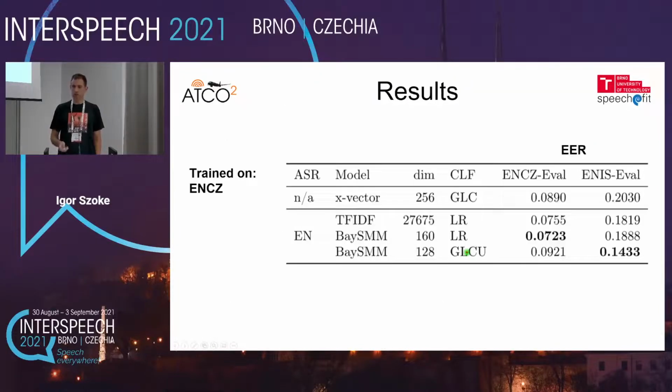Here, for the logistic regression, we are on the same level as the TF-IDF system, and for the Gaussian linear classifier, the in-domain data are a little bit worse. On the other hand, the out-of-domain or unseen data, the unseen English-Icelandic language pair, are better. That's quite nice. So does it work? I think yes, it does work.